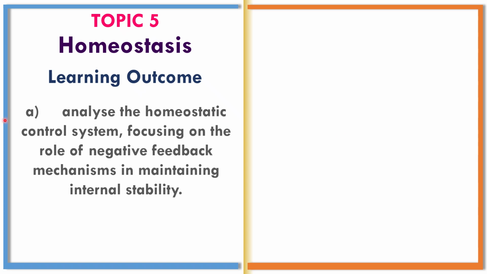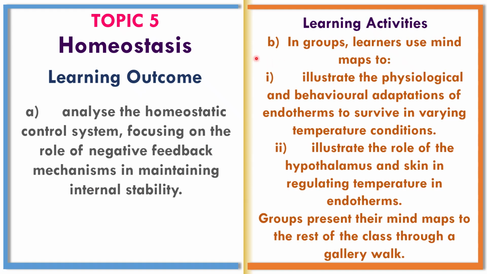Our learning outcome A: Analyze the homeostatic control system, focusing on the role of negative feedback mechanism in maintaining internal stability. Our learning activity is B. In groups, learners use mind maps to illustrate the physiological and behavioral adaptations of endotherms to survive in varying temperature conditions.